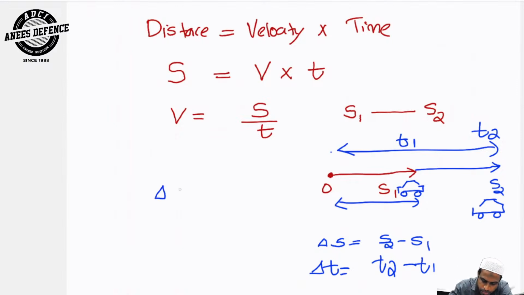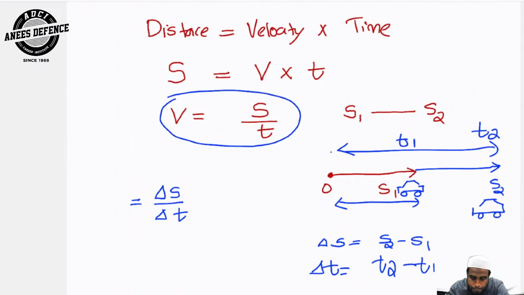Delta S by delta T. That is the rate of change of distance with respect to time. So here you can see that V equal to S by T. So distance by time is actually velocity.